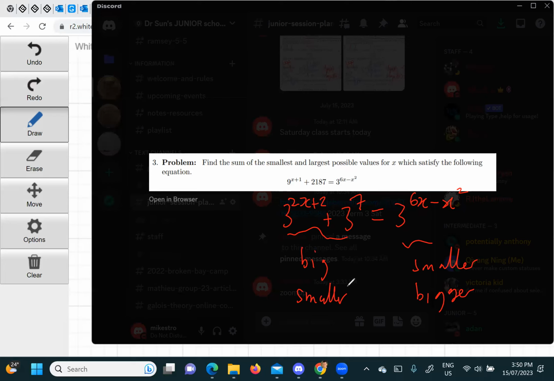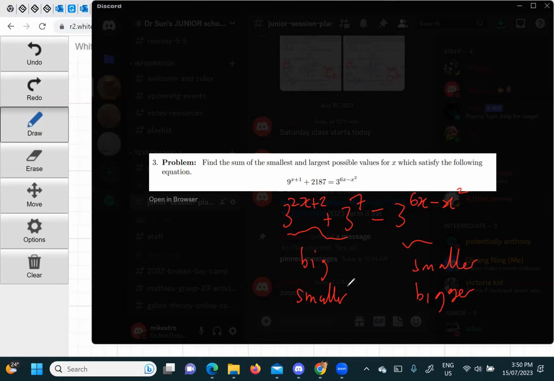So for example, if you substitute x equals 0, on the left-hand side, you basically get 9 plus 2187, which is roughly 2200. But on the other side, if you substitute 0, you get 1. So 2200 is much bigger than 1.